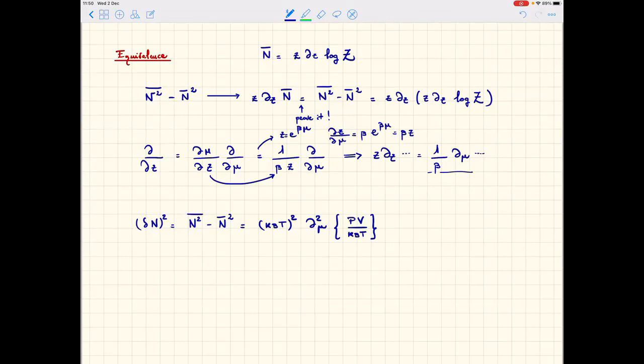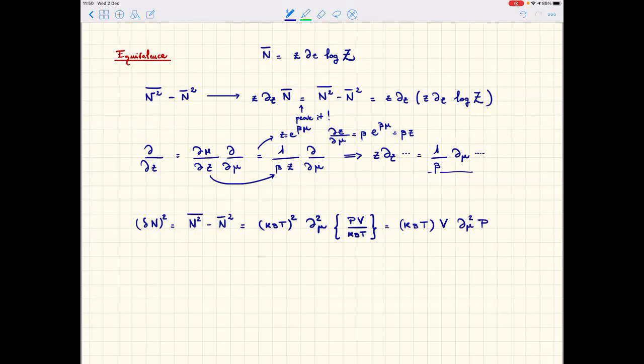Okay. All right. So the only thing that might depend on the chemical potential here is the pressure. Therefore, what I obtain from this expression is kBT times the volume times the derivative with respect to the chemical potential of the pressure.